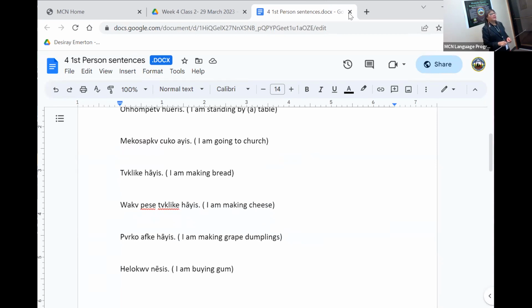You started with the Mvskoke sounds, or people call it the alphabet, the two-letter syllables and the three-letter syllables and the sounds that they make. We learned that, and now we're learning to conjugate. As we go along, we're building on everything we've learned previously, and just stretching out and trying to make some of these sentences yourself.